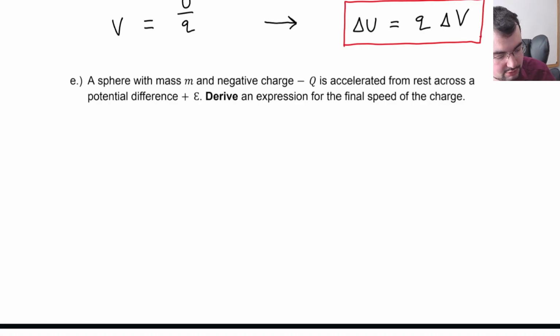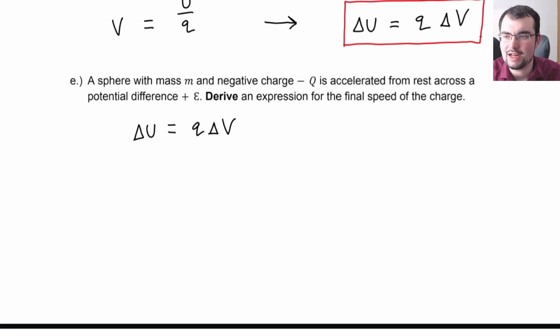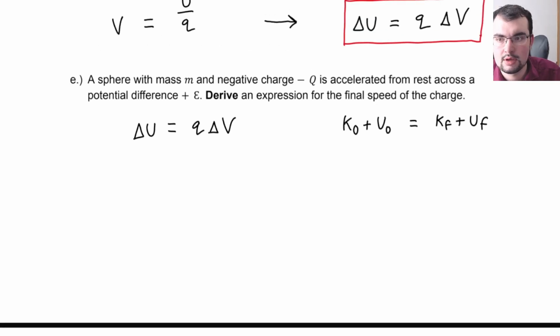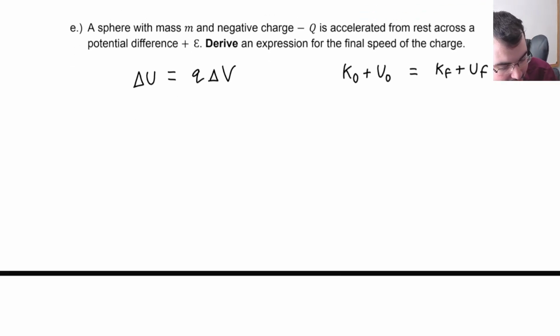So we just came up with this relationship that delta U is q delta V. But anytime you have energy conservation, we use actually our second form of the energy conservation equation, which instead of saying kinetic plus potential equals kinetic plus potential, we could also instead say that any change in your kinetic energy bar chart must have been given to you from the change in potential.